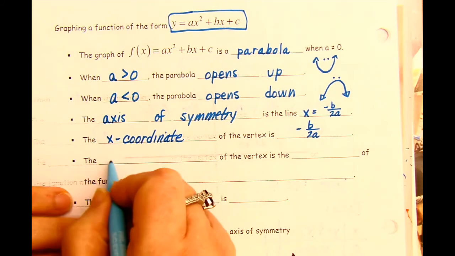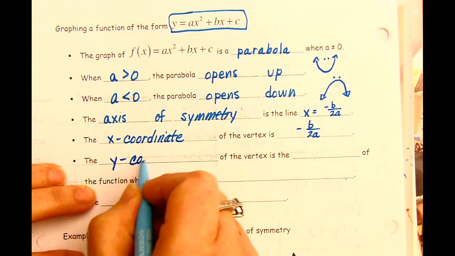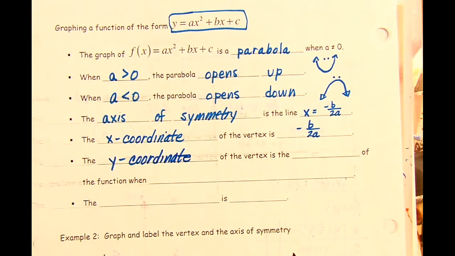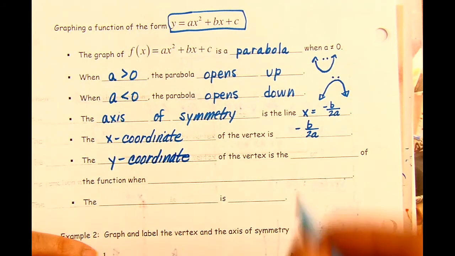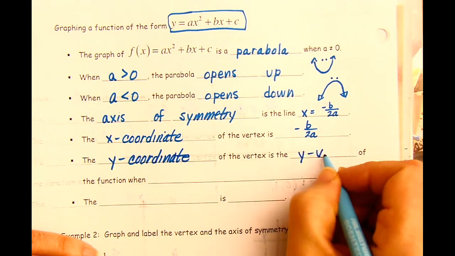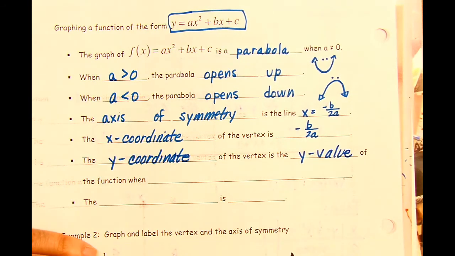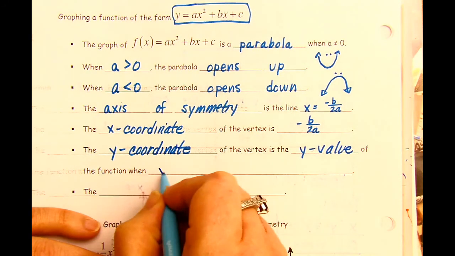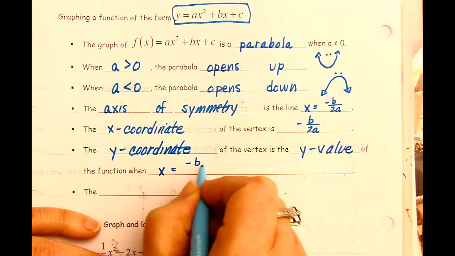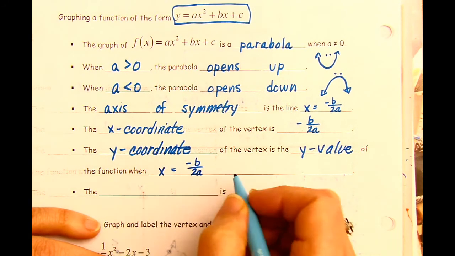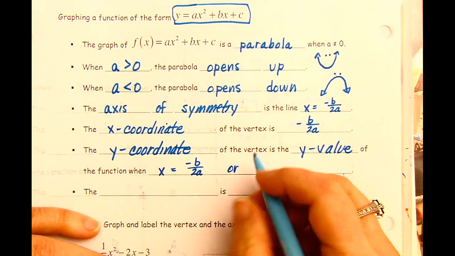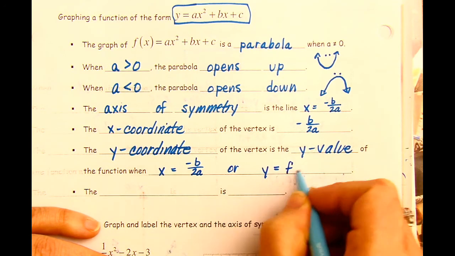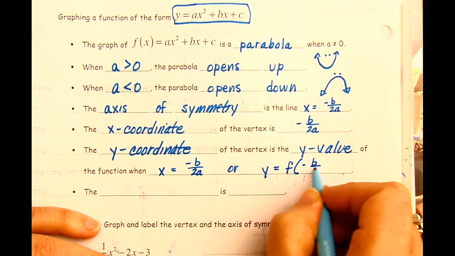The y-coordinate of the vertex is the y value of the function when x is equal to negative b over 2a, or find y equals f of negative b over 2a.